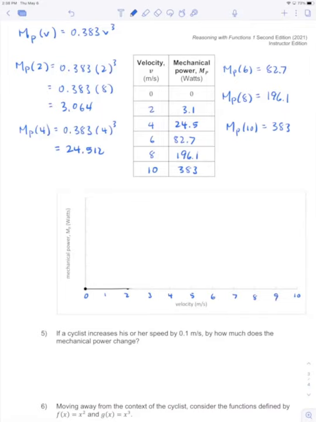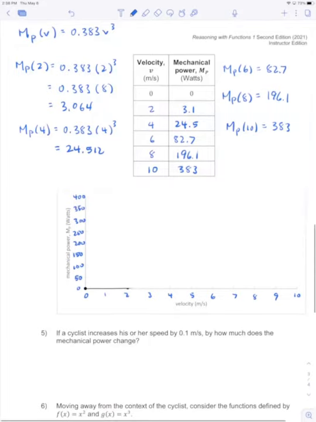And the top number is 383 on the vertical axis. So why don't we just make that a 400? We'll start at 0 and we'll go up by, instead of 5, why don't we do 50 this time? And then 100, 150, 200, 250, 300, and 350.